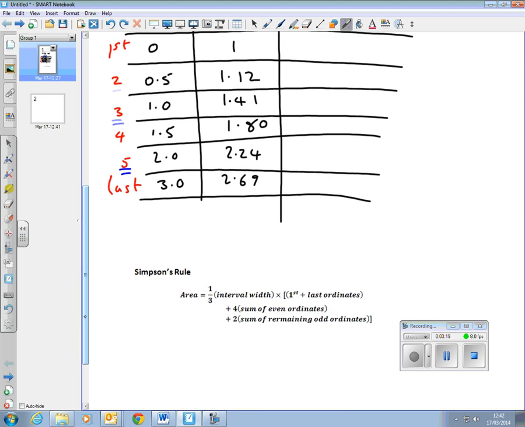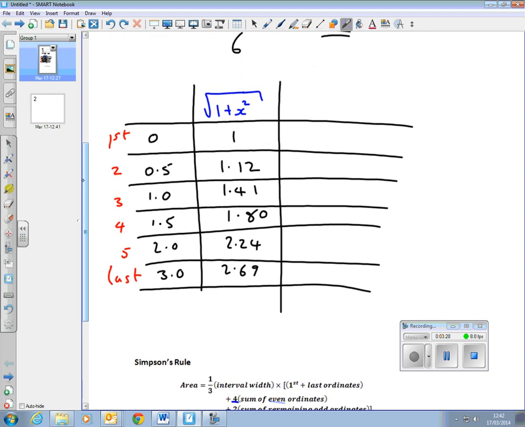And if we look at Simpson's rule, we've got to multiply the even ordinates by 4 and the remaining odd ordinates by 2. So what I'm going to do is multiply the even ordinates by 4, so times by 4, times by 4, times by 2, times by 2.